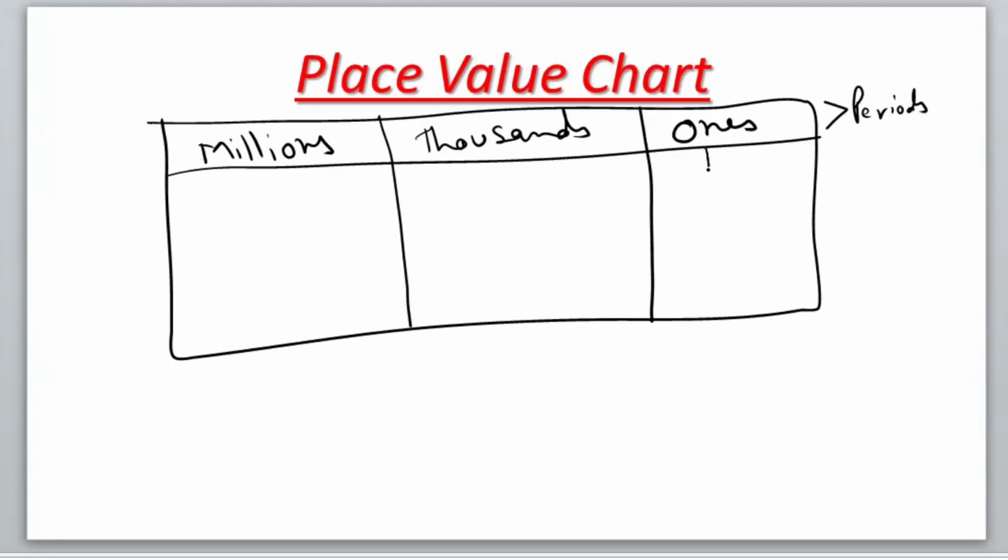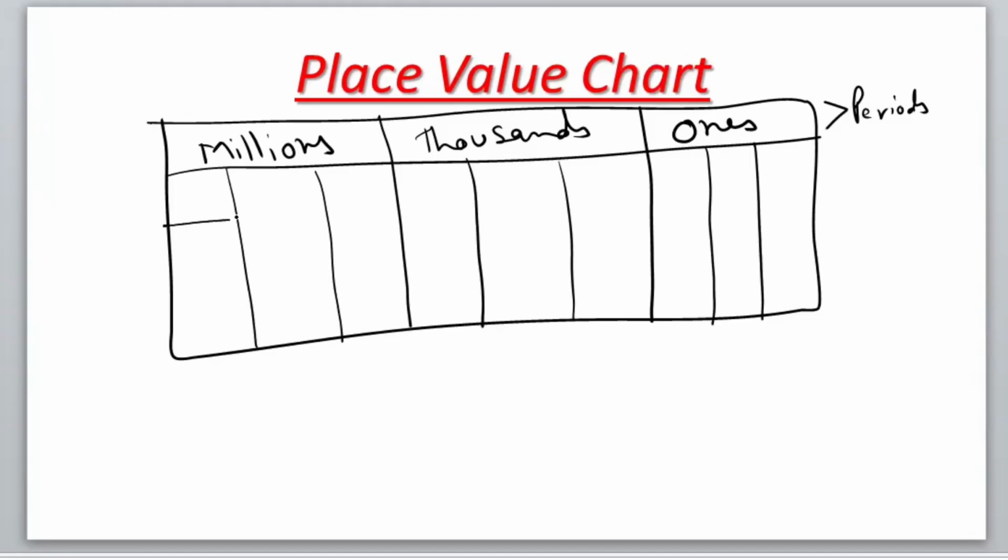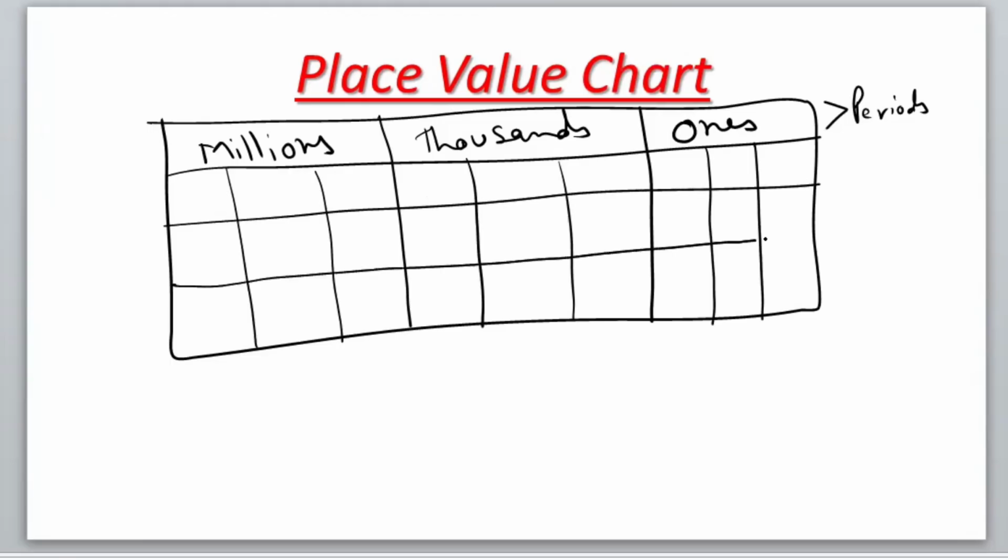And under each period there are places. Each period has 3 places. Always remember that under each period there are 3 places. What are they? Ones, tens, hundreds.